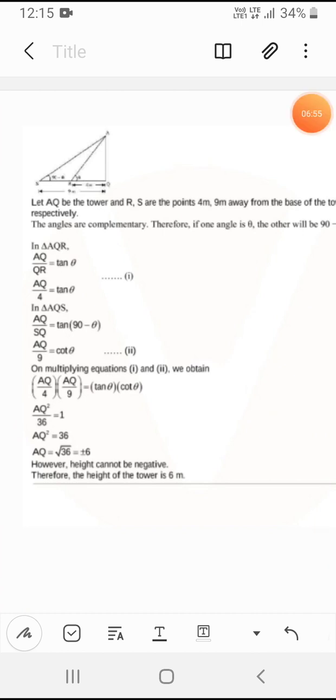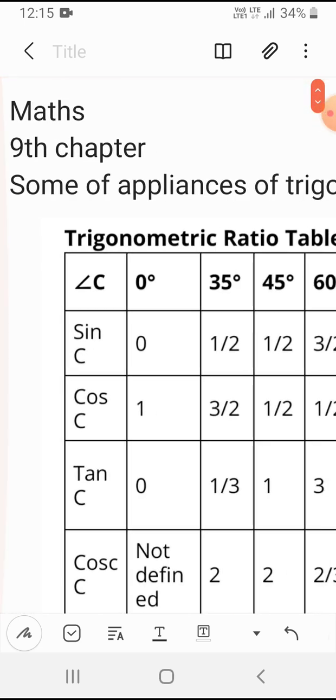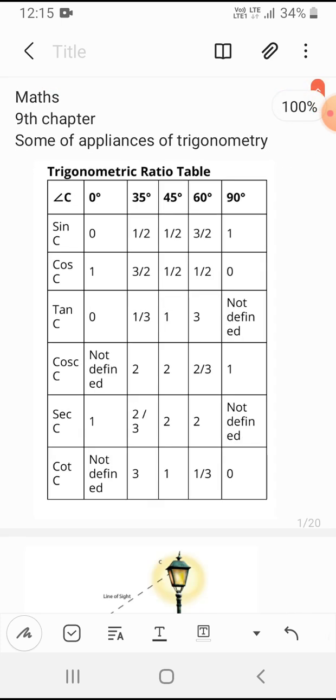We got the answer. So this was your chapter, some applications of trigonometry.